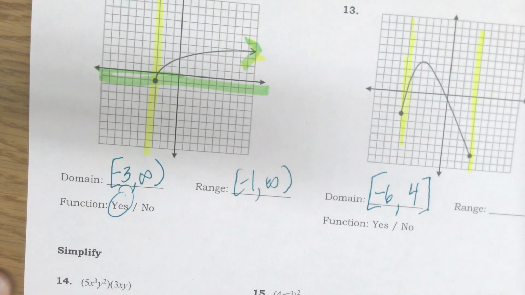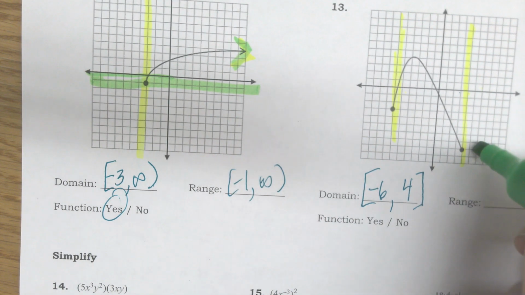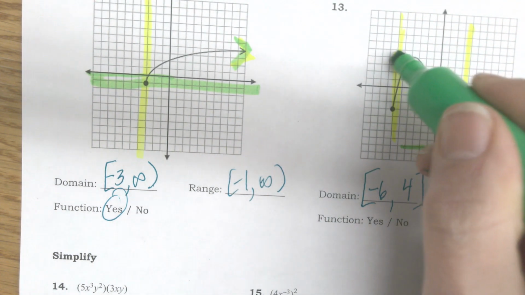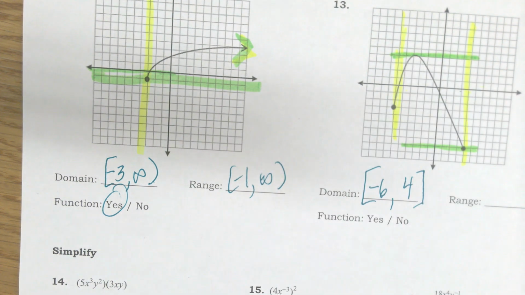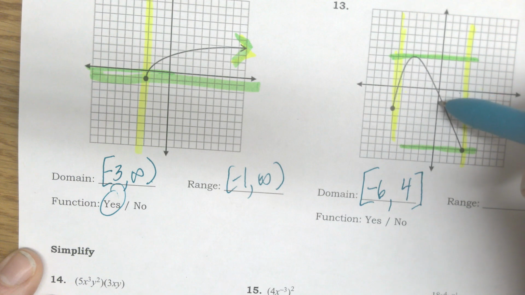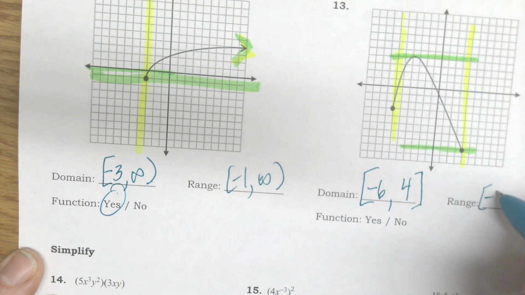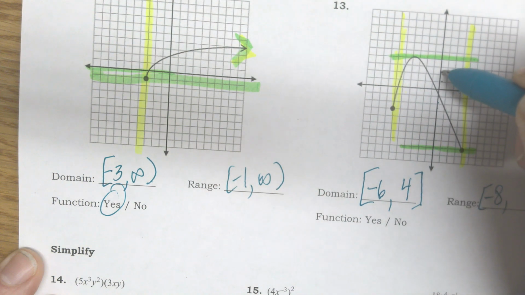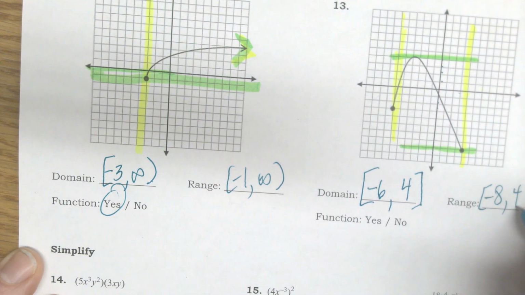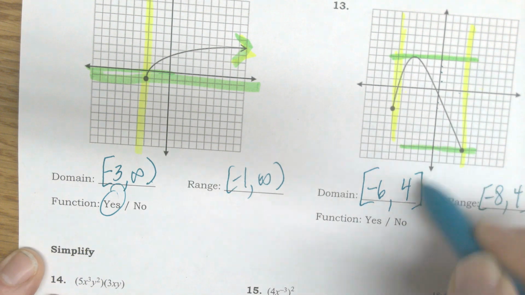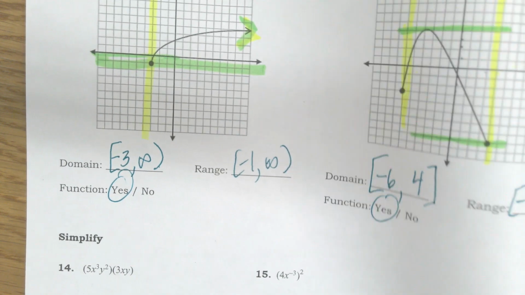And then I'll do the low and high. So on the bottom here, it is 1, 2, 3, 4, 5, 6, 7, 8 units below, and 1, 2, 3, 4 units above. Is this a function? Yes, it passes the vertical line test.